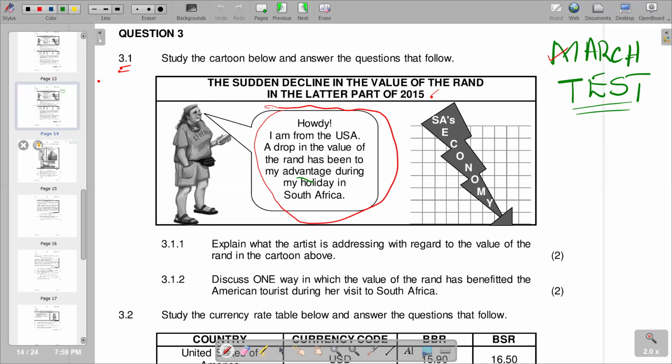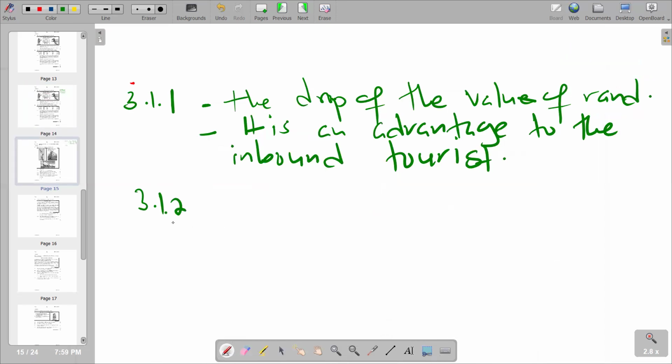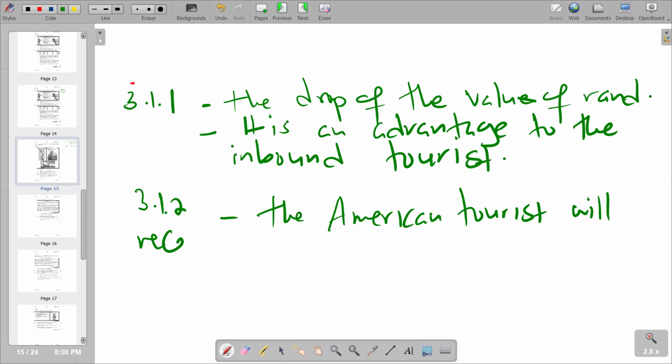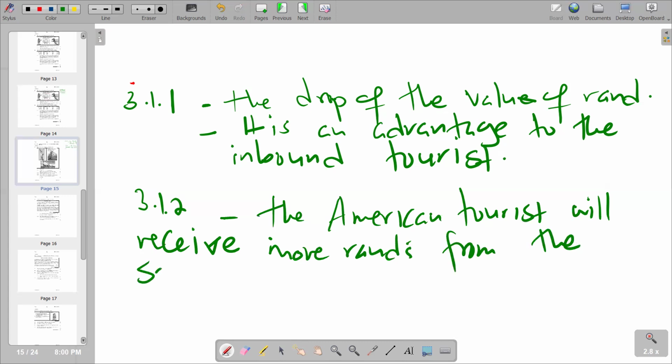So we can express it on our answer section by saying the American tourists will receive more rand for the same amount of dollars.